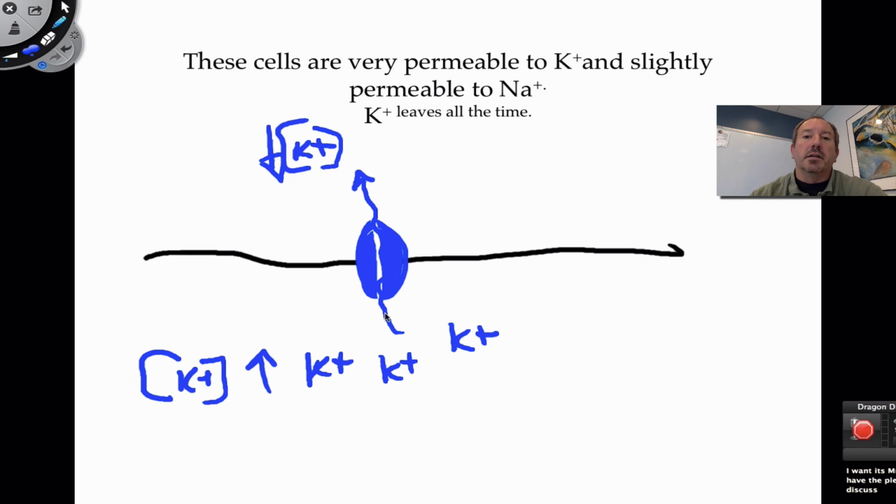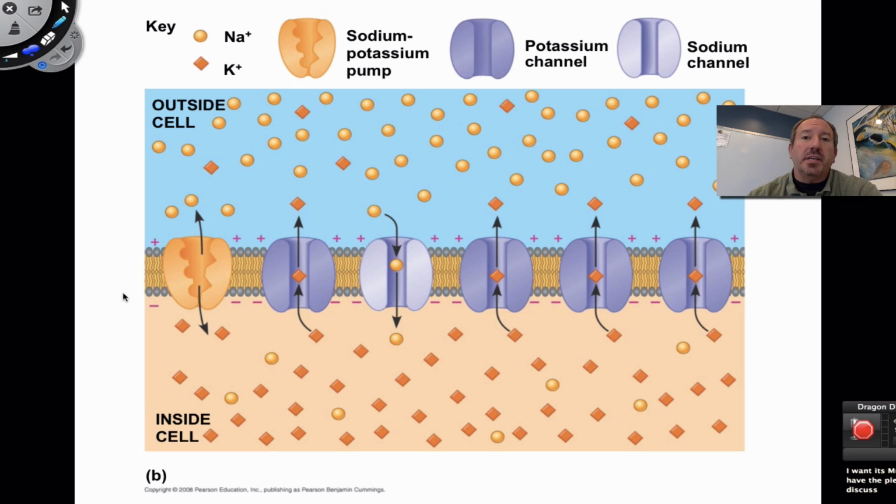And so the cell has to work hard in order to keep the concentration of potassium high on the inside. Okay, that may seem mysterious, but I'll get to it ultimately.